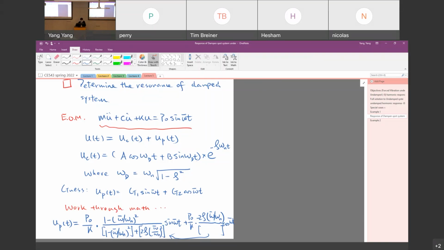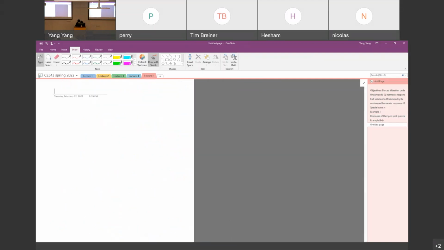It's not squared. I'm just going to simplify that in terms of beta.